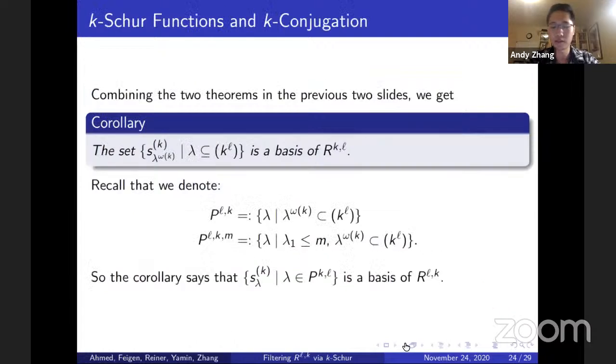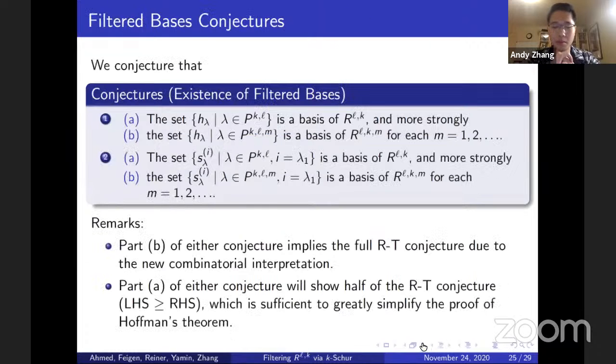This all seems pretty promising because you have a basis that uses PKL as an index set, but it's not that simple because it doesn't behave well with respect to the filtration, meaning that if you start out with a partition lambda which is m-bounded, the k-Schur function indexed by lambda is not necessarily inside the M subalgebra.